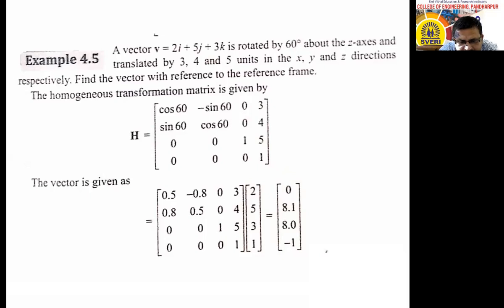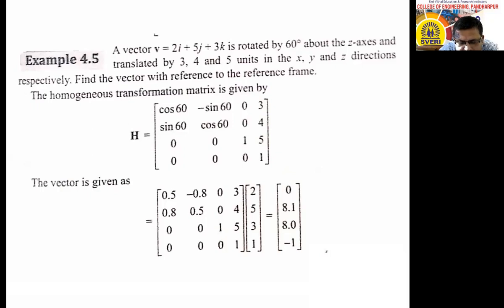The vector is given as 0.5, -0.8, 0, 3; then 0.8, 0.5, 0, 4; then 0, 0, 1, 5; 0, 0, 0, 1 into the vertical matrix of 2, 5, 3, 1, which is equal to again a vertical matrix only.